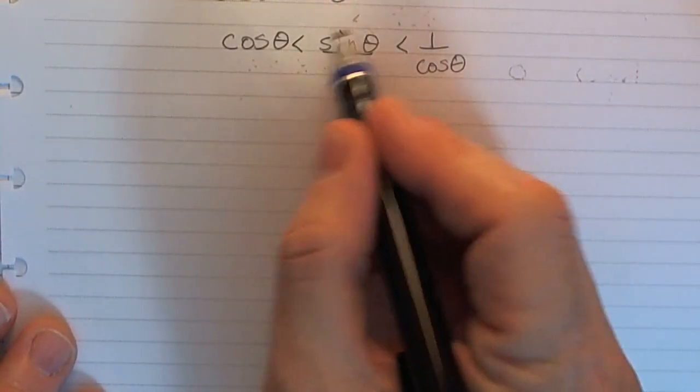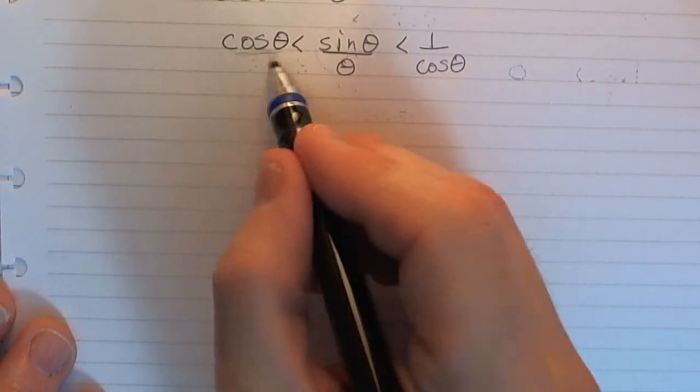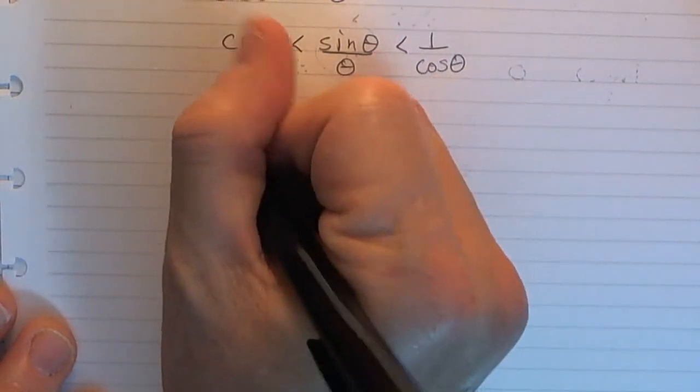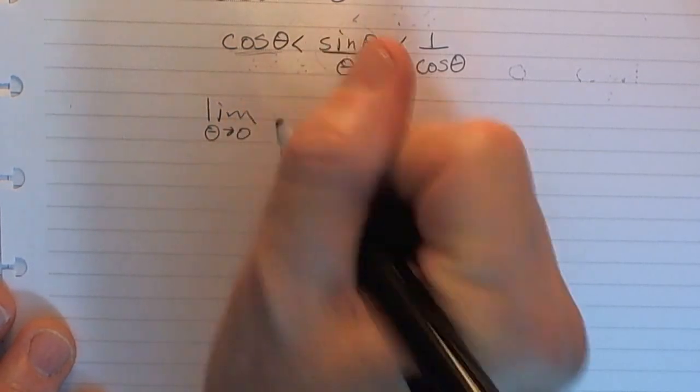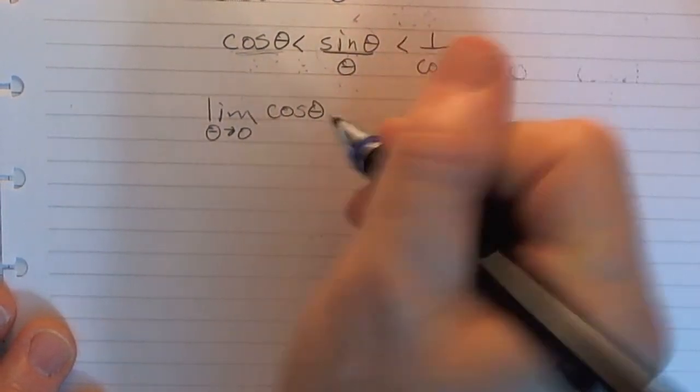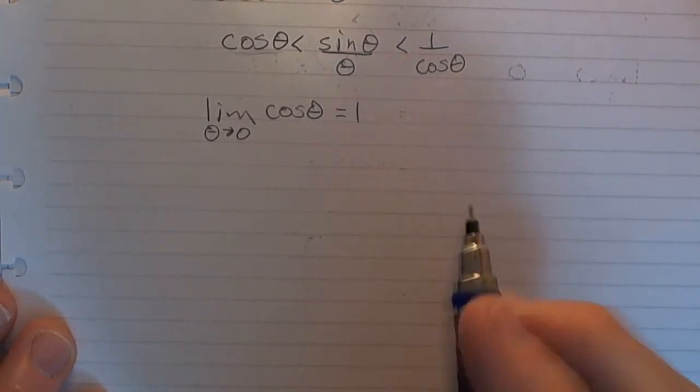Now, look what we have here. We've got that this right here is greater than this and less than this. Let's take the limits here. Let's take the limit as theta goes to 0 of cosine theta. We know that that's equal to 1.